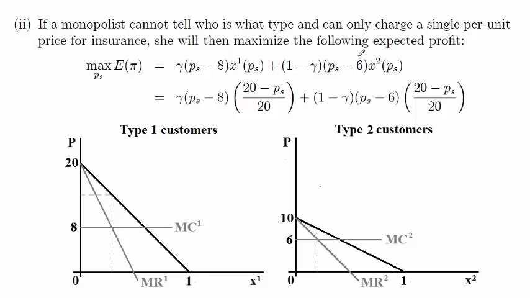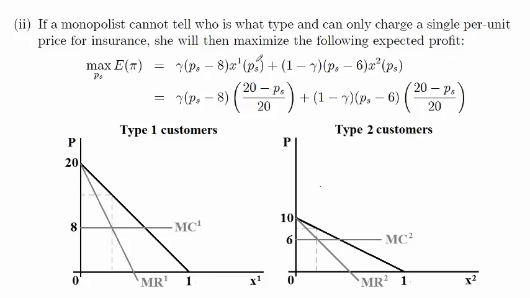Now notice here that for type 2 customers, providing insurance is less costly, so it costs only a constant marginal cost of 6, and then multiplied by the quantity demanded by type 2 customers.